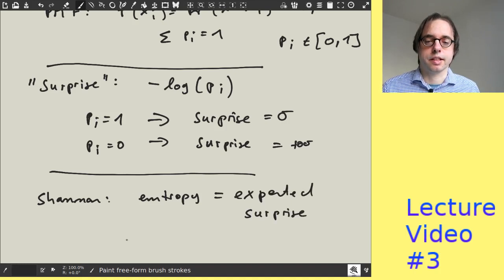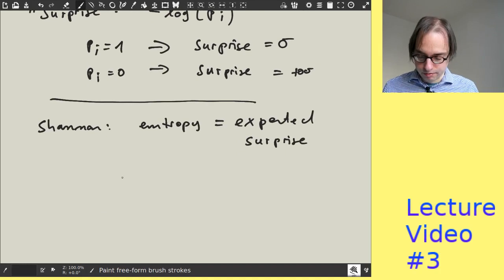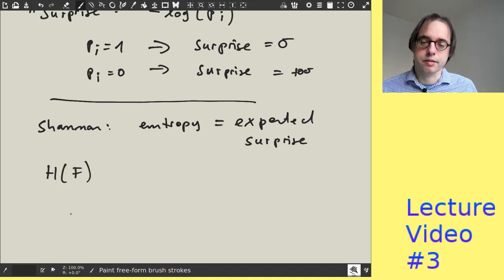So that's his idea. And formally, the Shannon entropy is denoted by an H, and it's basically a quantity that summarizes a distribution.